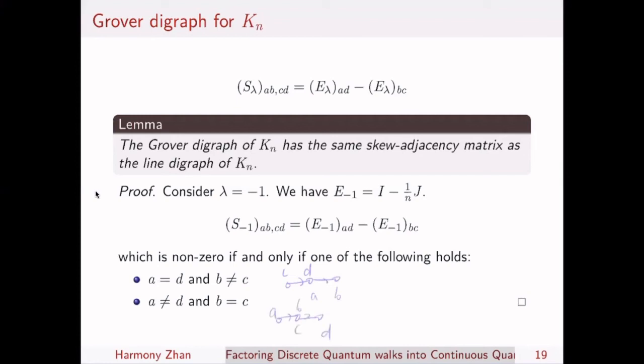Okay, so there's a non-zero entry if and only if either CD is adjacent to AB or AB is adjacent to CD in the underlying digraph indexed by the arcs. So that is exactly the adjacency matrix of the line digraph, skew adjacency matrix.